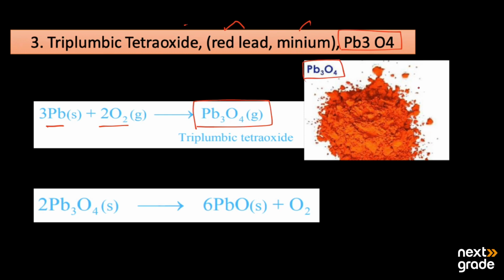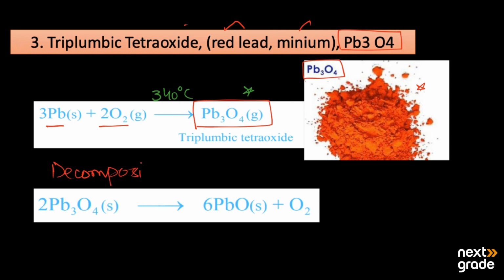Its appearance is red in color, and we heat it at a temperature of about 340 degrees Celsius, and it absorbs oxygen, and a bright scarlet crystalline red lead or minium is produced. Now there is a process of its decomposition.